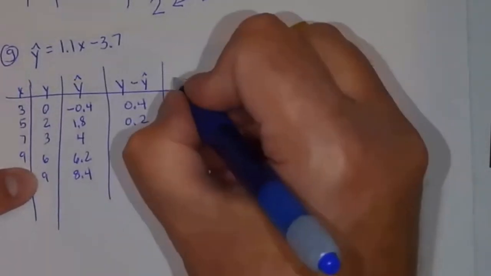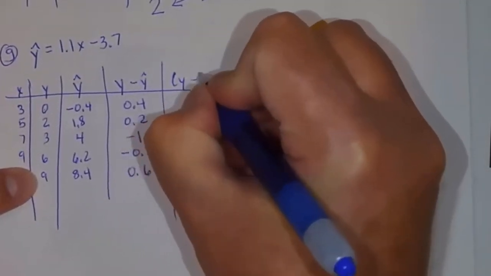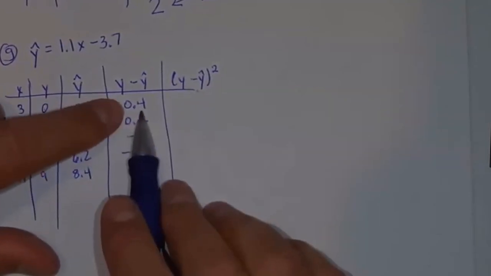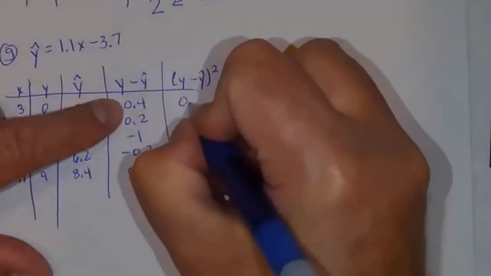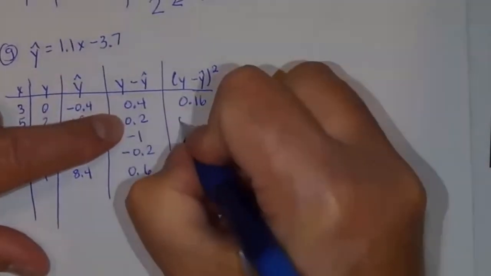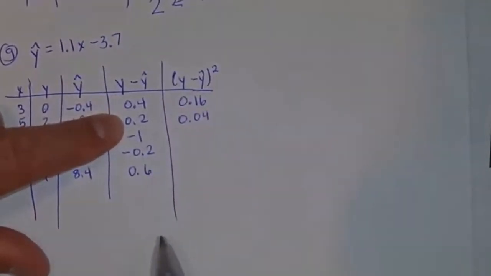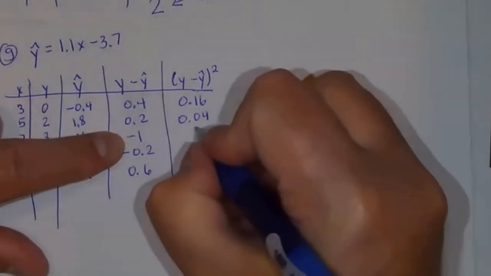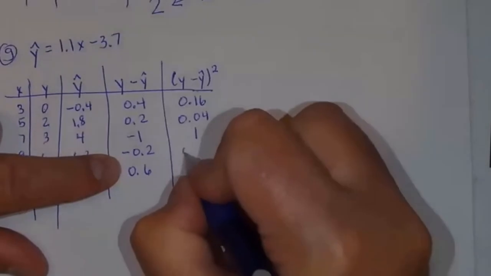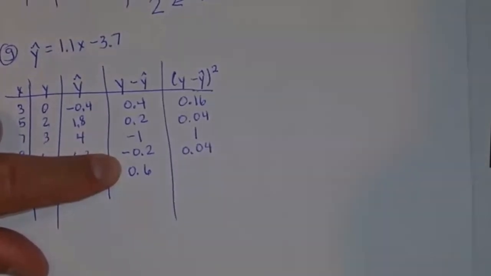It always does. So if I find the squared residuals, well, 0.4 squared will be 0.16. 0.2 squared will be 0.04. Negative 1 squared will be positive 1. Negative 0.2 squared will be positive 0.04.